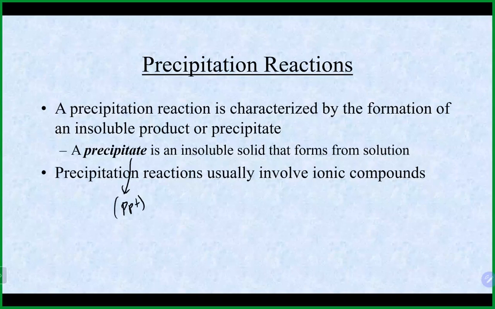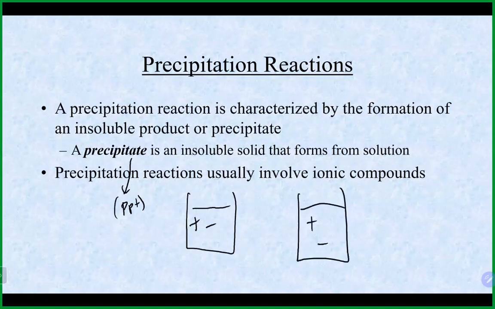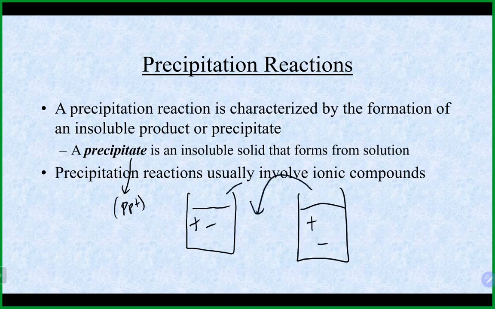For example, you have a solution that has positive and negative ions, and another solution that also has positive and negative ions floating around. When you mix them together, some combination will come together and actually make a solid. One combination of a positive and a negative ion coming together will make a solid.